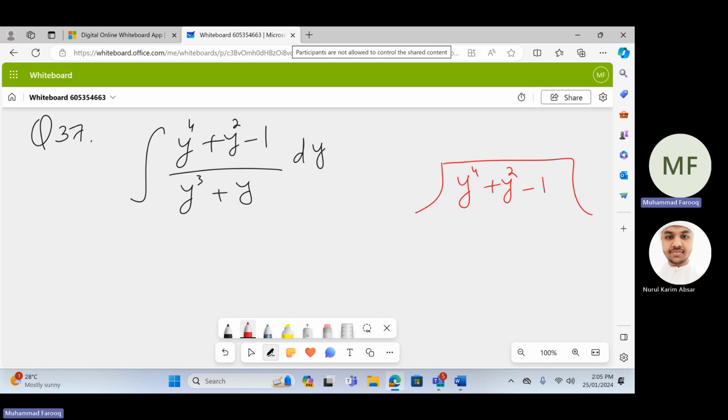You cannot start the factorization directly, because the degree of the top is more than the bottom. So it's not proper. Please be careful when we go for this question. Make sure the question is proper. Proper means top degree less than bottom. So here now we have y cubed plus y.